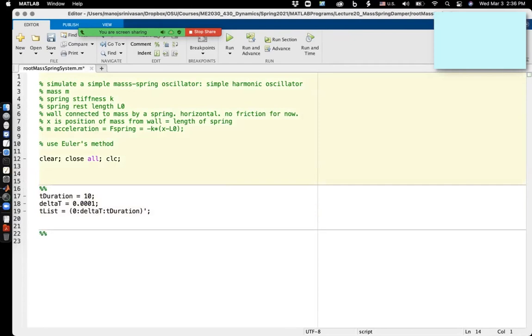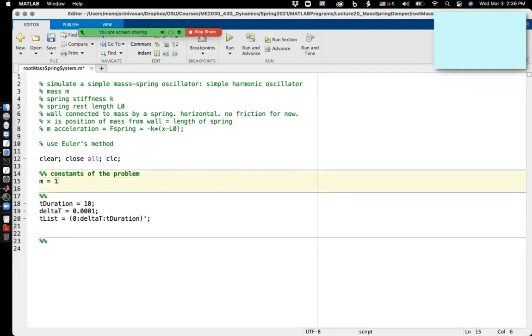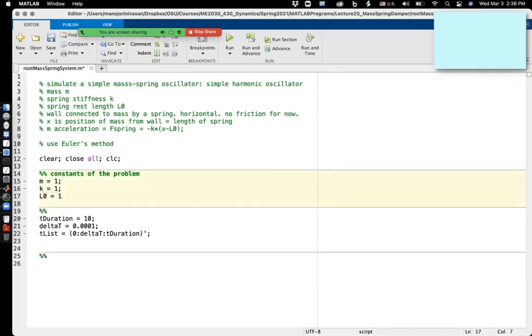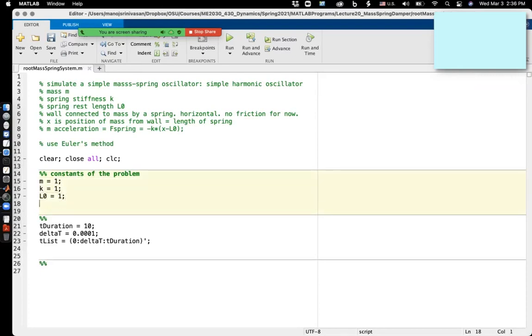Let's do another one. I suppose the other thing to do is to define these parameters, k, m, and things like that. So these are the constants of the problem, so to speak. So m, let's say, is 1 kilogram. Let's say k is 1. Let's say L naught is 1, etc. Maybe let's make it k equals 10 or something.